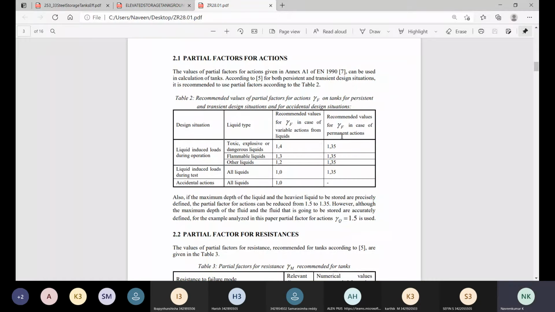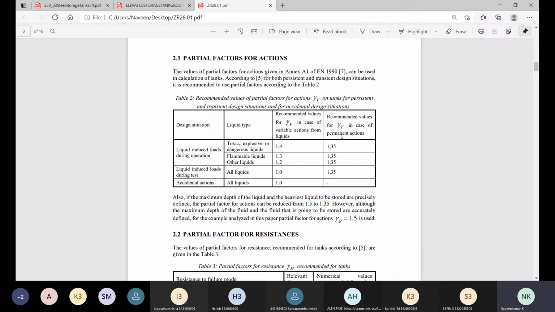So the second step is to choose the partial factor for action. Before going into this, you should know the role of the partial factor. Whenever you design any structure, you design it based upon assumptions.